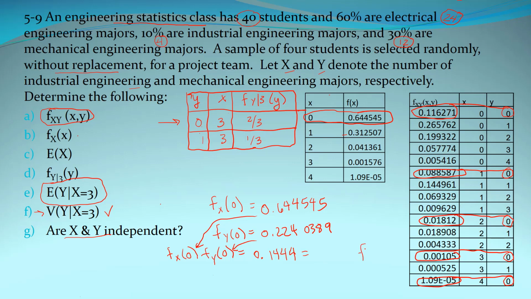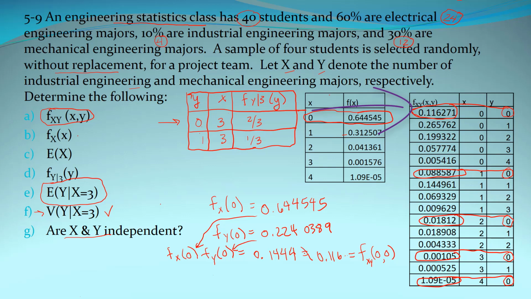That's f of x y at 0 0. That number is right up here. We calculated it before, and it's 0.116 blah blah blah.